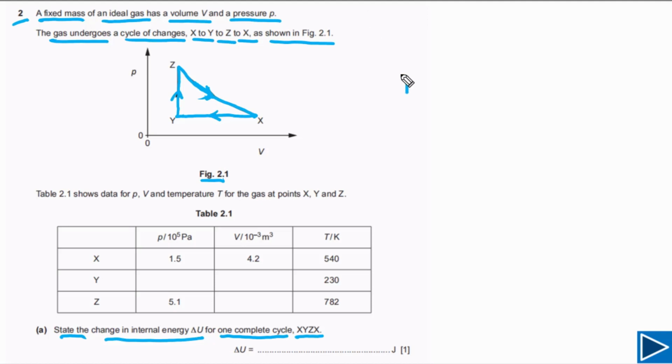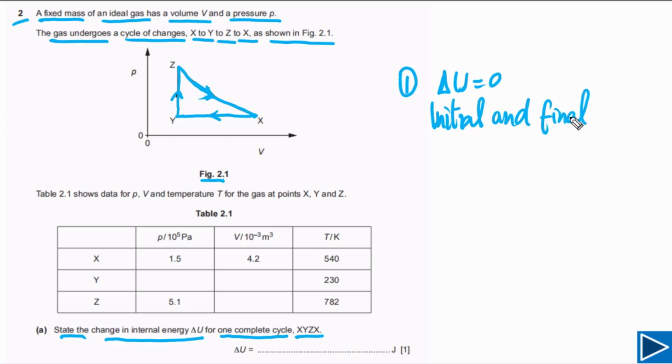So the first key concept you need to understand is delta U is equal to 0 if the initial and final state are the same. Simply we can say if initial and final states are the same for any ideal gas, in that case, delta U is equal to 0.